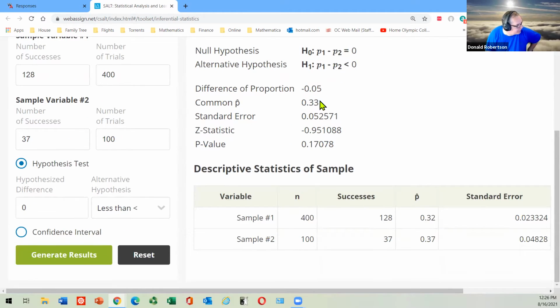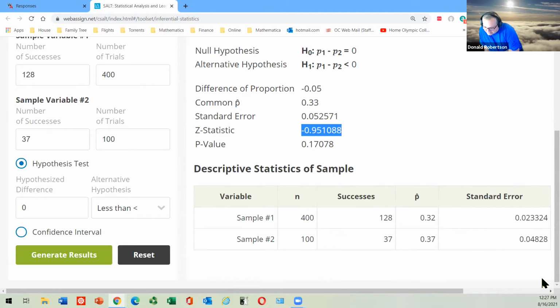Now, they tell you all sorts of things that you don't necessarily need to know. But here is your test statistic, what most people call the Z-score. And it's okay, the Z-score can be all sorts of numbers. I'm going to round it off, negative 0.95.